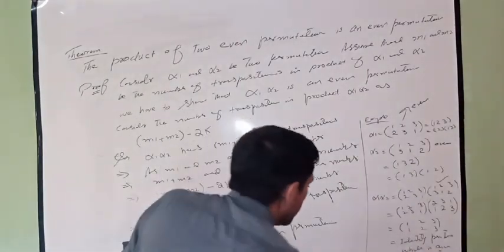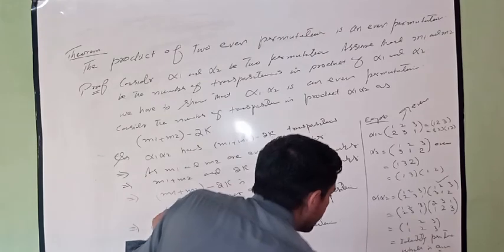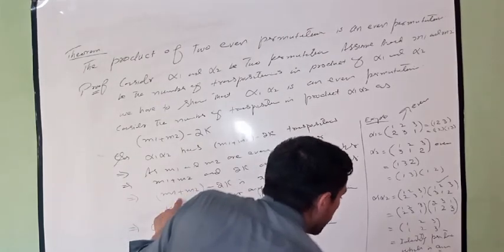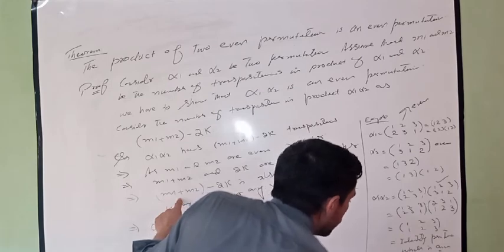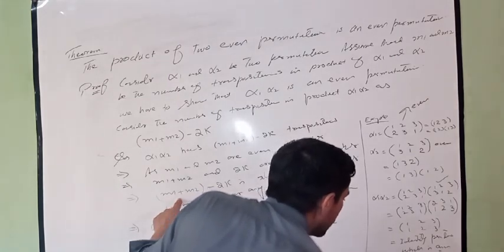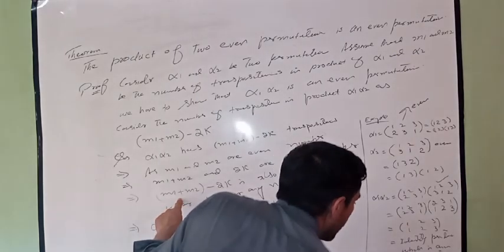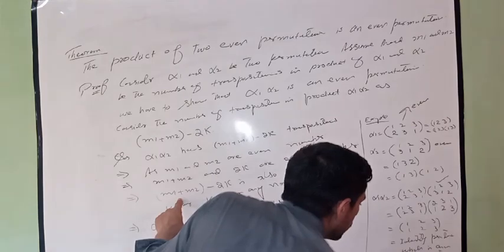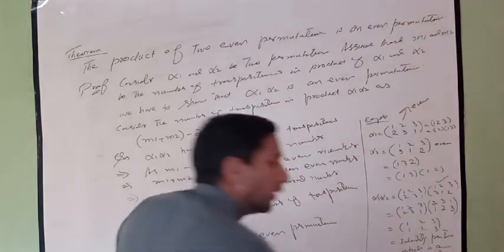And if I apply the formula, as alpha 1 has 2 transpositions and alpha 2 has 2 transpositions, we can say that alpha 1 has m1 equal to 2 transpositions and alpha 2 has m2 equal to 2 transpositions. Therefore, for alpha 1 product alpha 2, the number is m1 plus m2 minus 2k, that is 2 plus 2 minus 2k, that is 4 minus 2k. So what is k?